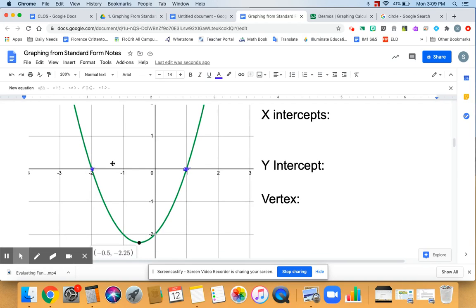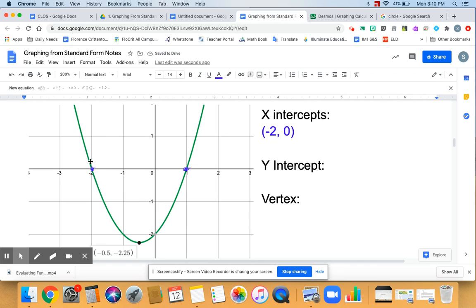This point, when I write it, what comes first, the x or the y? The x is going to come first, and the x on this point is left backwards 2. It's at -2. Now the y, to plot this point, how far up or down does the point have to go? It doesn't go up and down. It's on the x-axis.